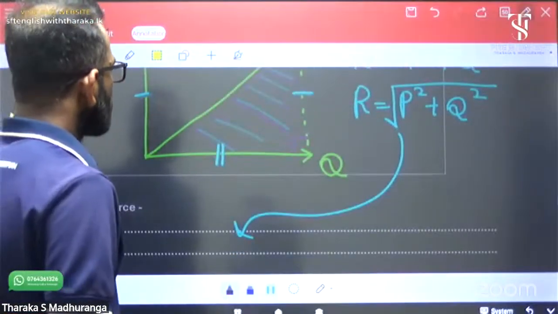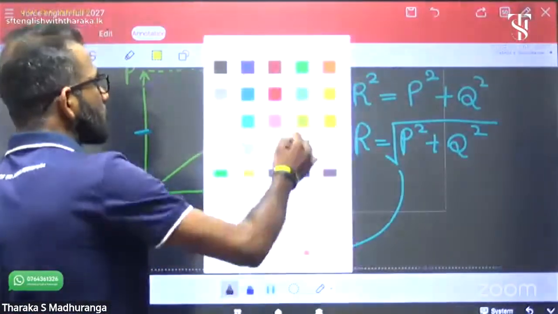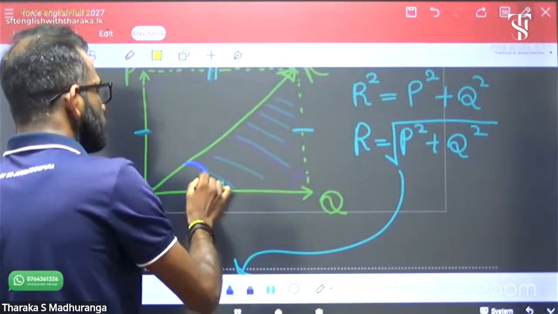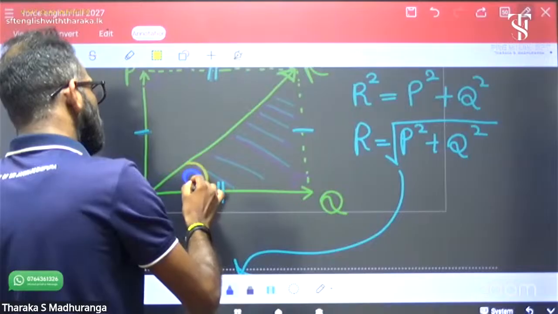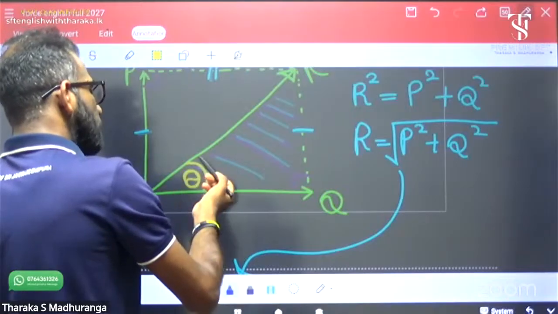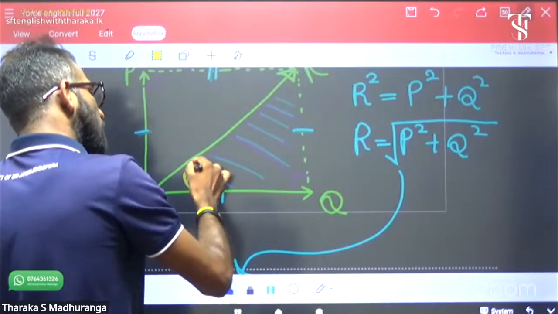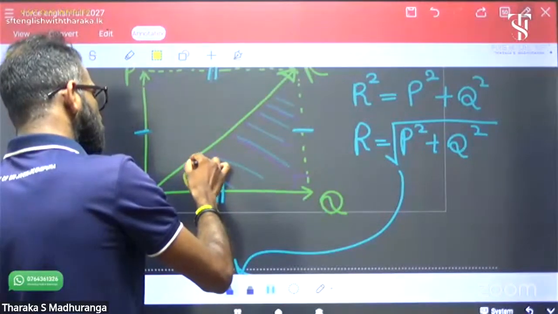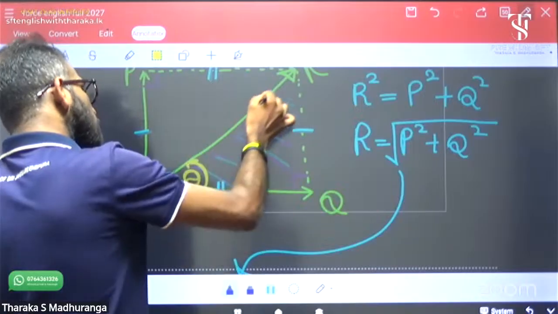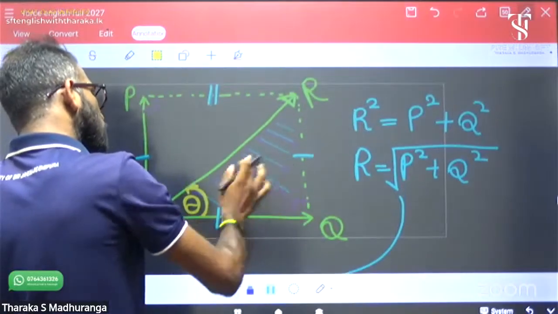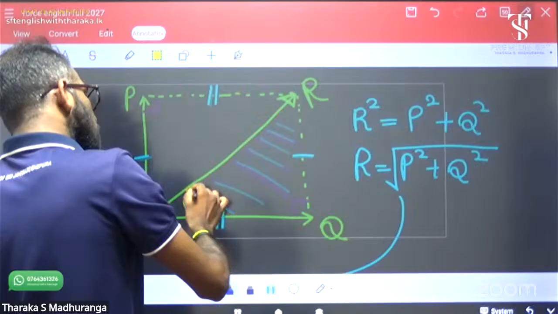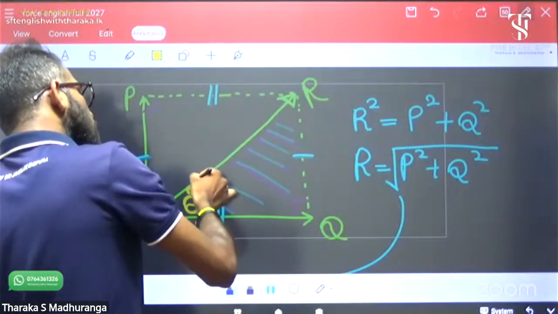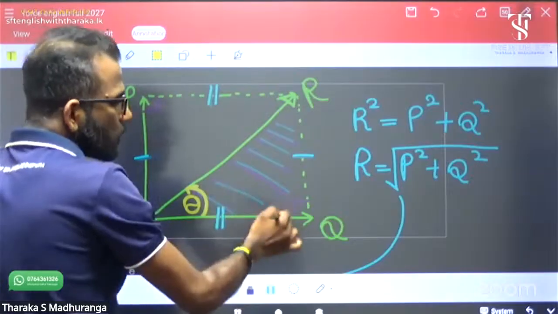Okay. Now, think this angle is theta. I want to calculate this angle. If you get the magnitude of this angle, I can explain the direction of the resultant force of these P and Q two forces, at theta angle to the Q force.